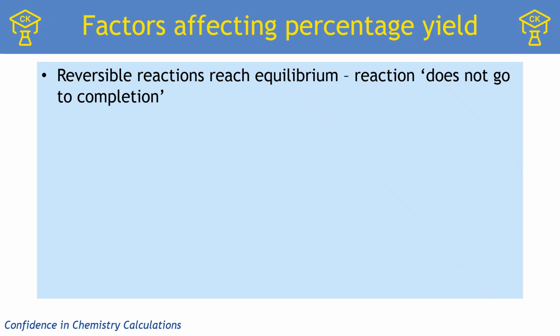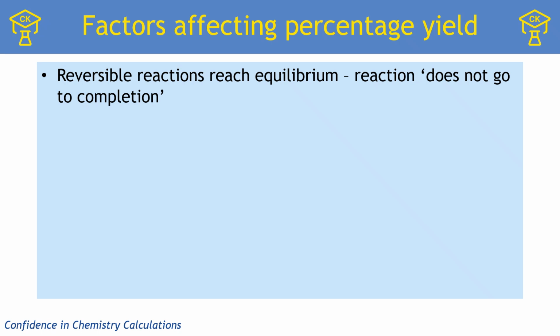So for example, in our ammonia example, that doesn't reach 100% yield because it reaches equilibrium. And what you would say therefore, for a reaction that reaches equilibrium and is reversible, it does not go to completion. So that would imply that it doesn't really matter how long you leave it, you'll never make 100% products. Some of your products will always be going backwards and turning back into reactants.